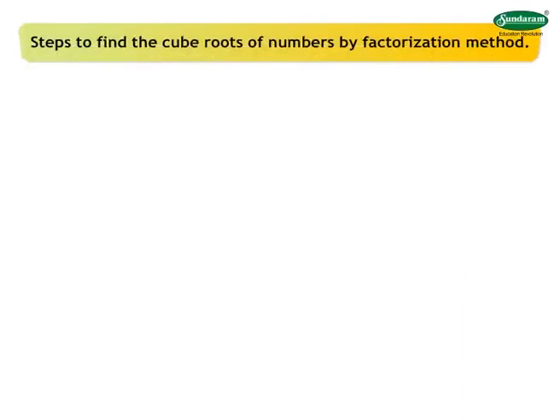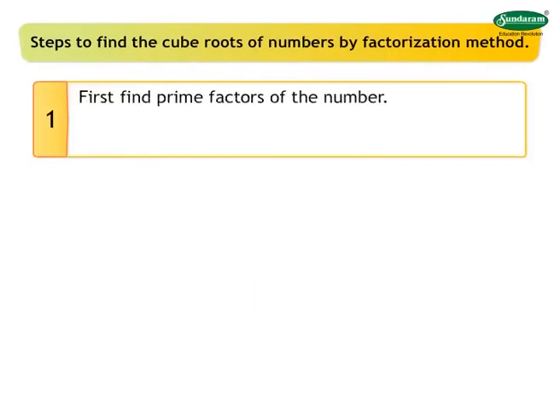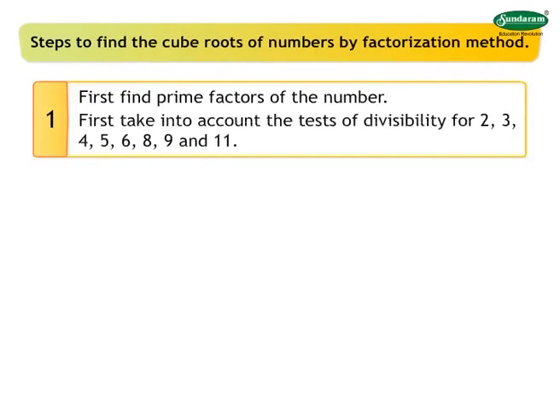Now we will learn to find the cube roots of numbers by factorization method. Steps to find the cube roots of numbers by factorization method. 1. First find prime factors of the number. Students, please note that to find the prime factors, first take into account the tests of divisibility for 2, 3, 4, 5, 6, 8, 9 and 11, whichever is applicable. 2.